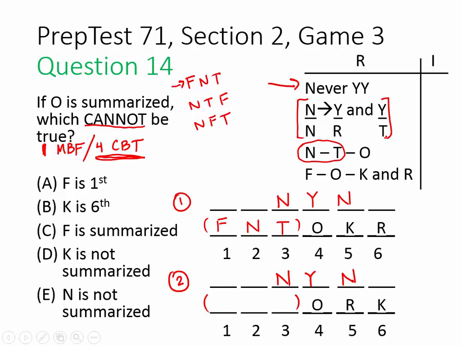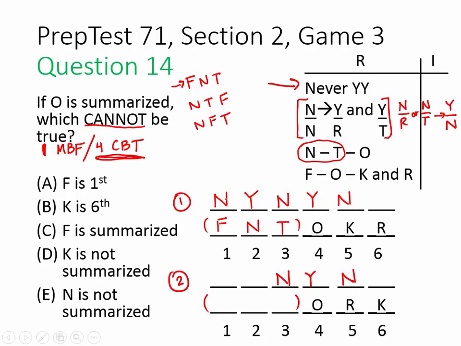If we write out the contrapositive to this rule, it will tell us that if R is not summarized, or if T is not summarized, then N is summarized. Well, in this scenario, we have T not summarized, therefore N must be summarized. So we can say Y here.